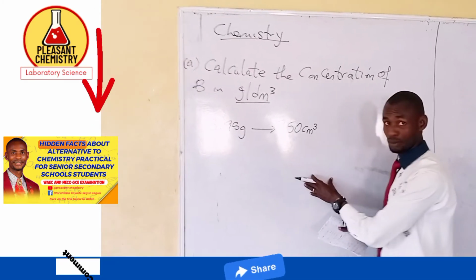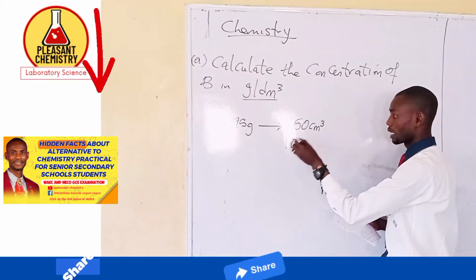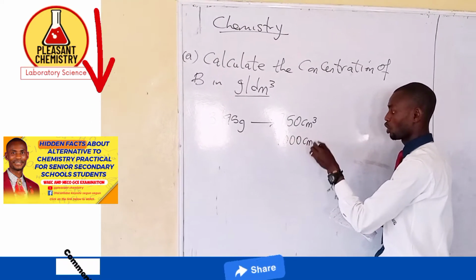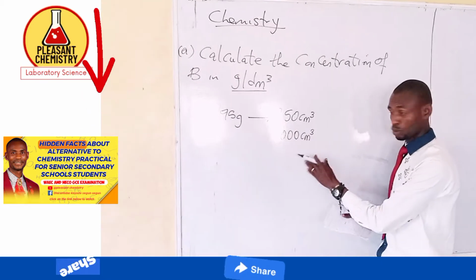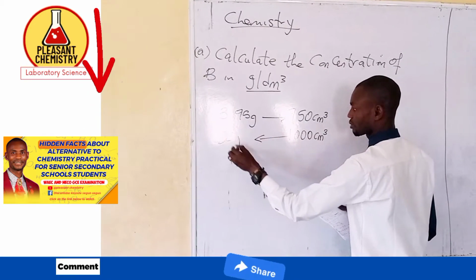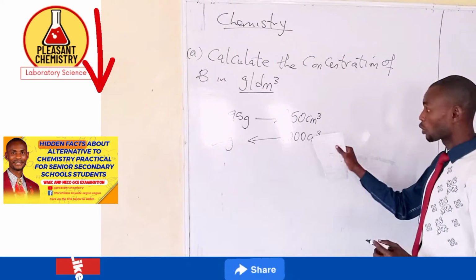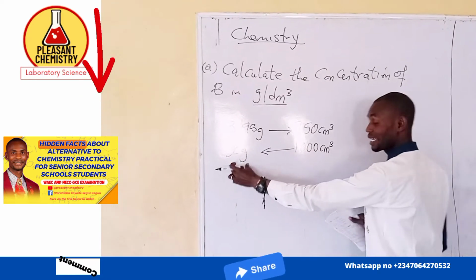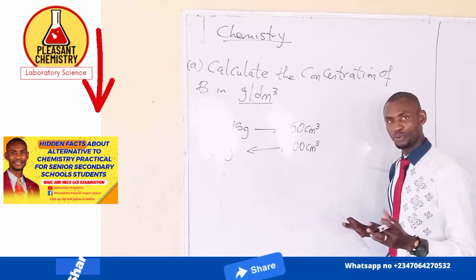So from here now, we are going to calculate how many mass will dissolve in 1000. So if it is in 1000, how many mass? So let's represent it with S gram. And if we cross multiply, we are going to make S gram the subject of the formula.